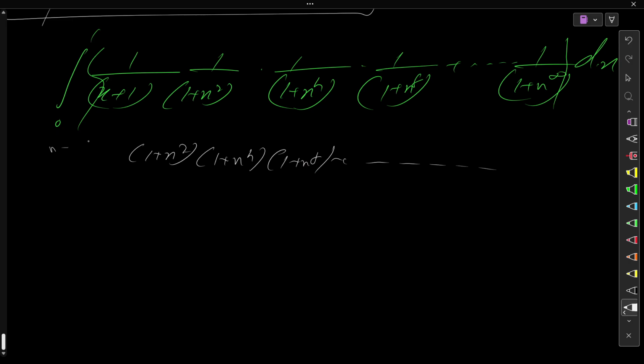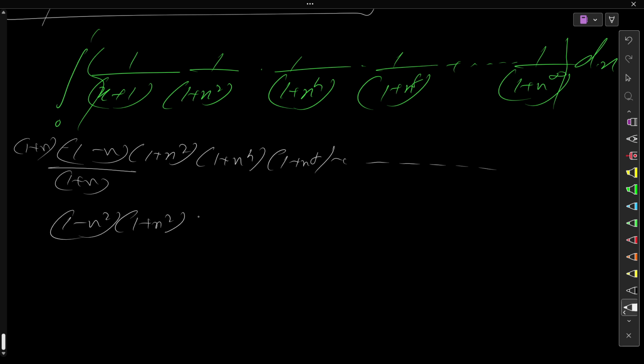Let me write it as 1 minus x. So 1 plus x, I am dividing it by 1 plus x. So this will become 1 minus x square, 1 plus x square, 1 plus x to the power of 4, 1 plus x to the power of 8, up to infinity, divided by 1 minus x.